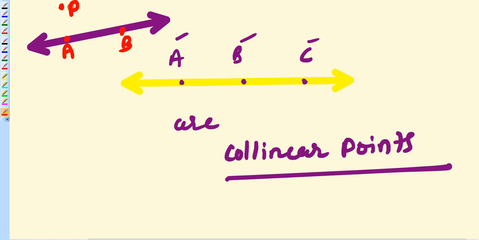Point P is in the exterior of the line. So these points A, B, P are not collinear. That means we can call them non-collinear.